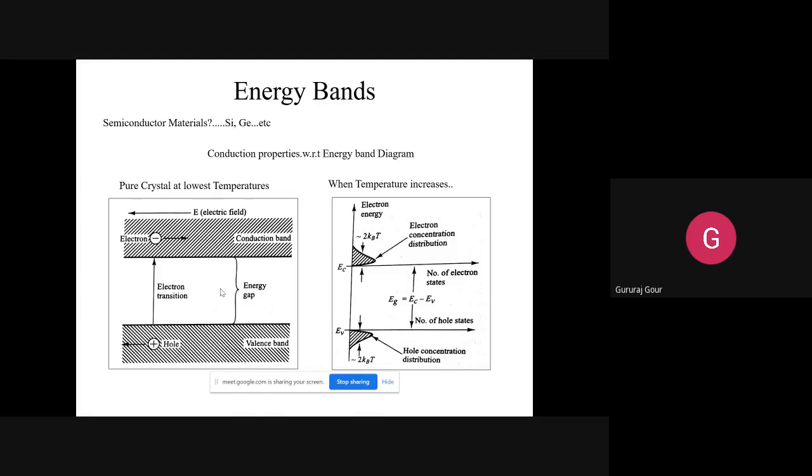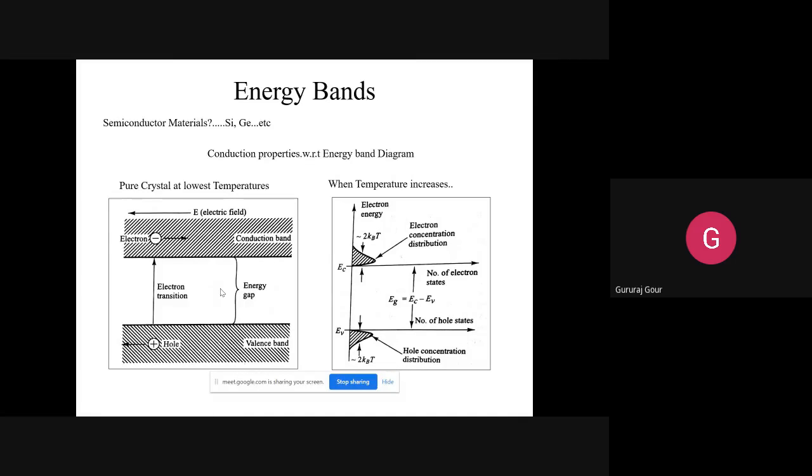The respective density or distribution is indicated roughly in terms of the constant h and the temperature. Sorry, not Planck's, that is Kb, B for the Boltzmann constant, and T is the temperature.